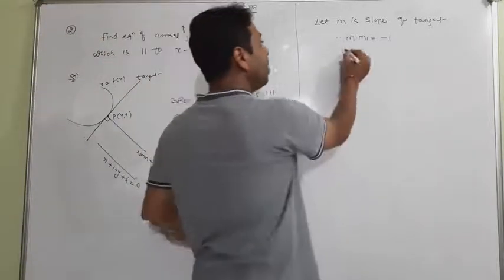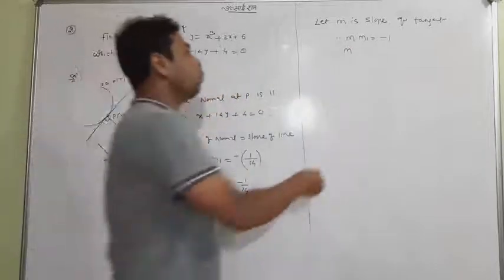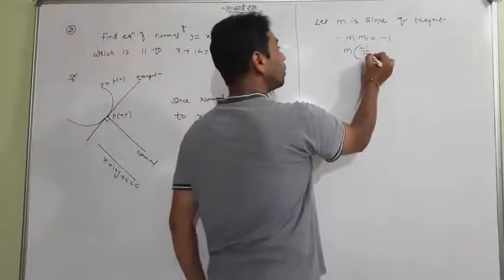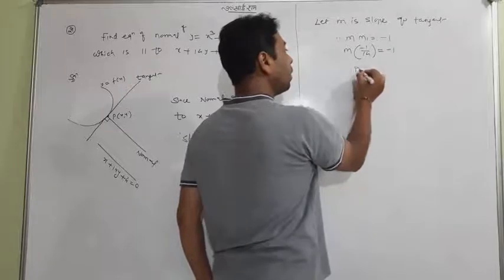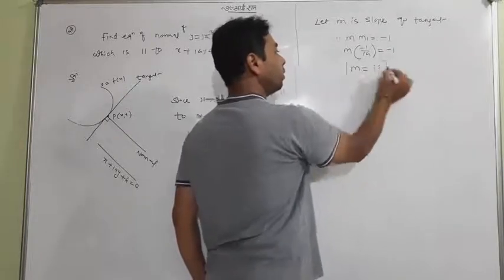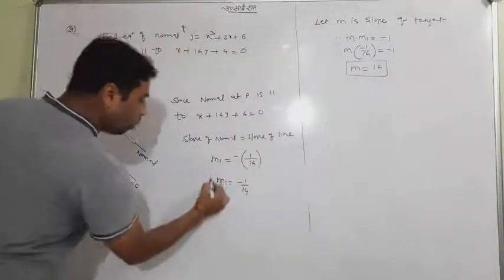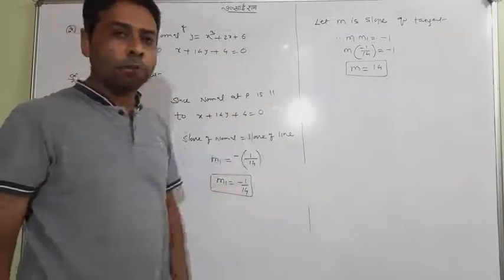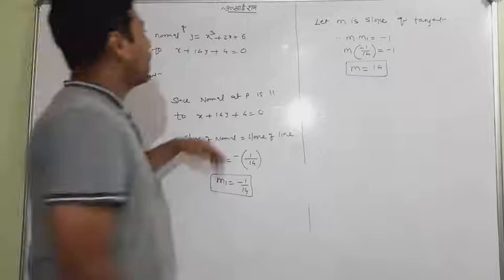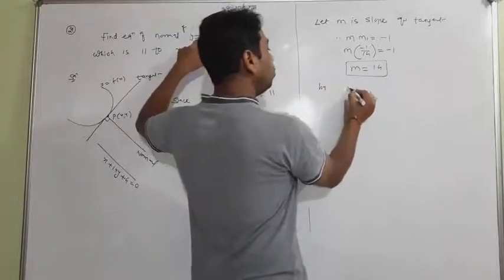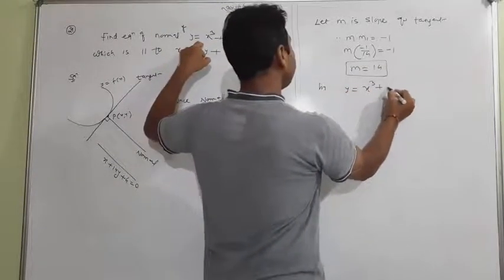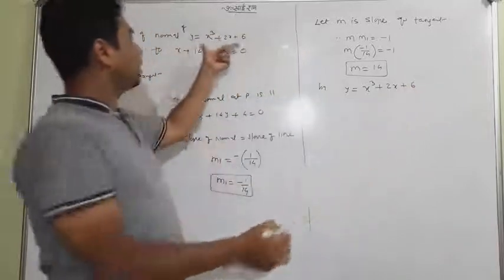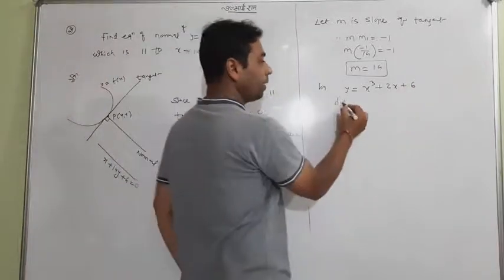So m into -1 by 14 equal to -1, m equal to 14 we have got. This is also important for further work. We have got m equal to 14, which is the slope of the tangent, and then I'll take the equation and I'll find dy by dx.